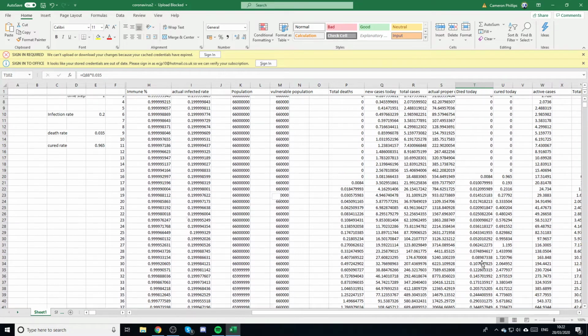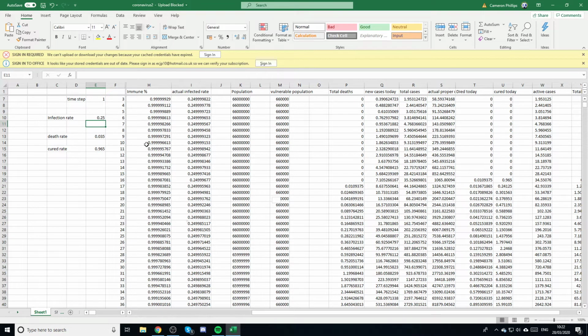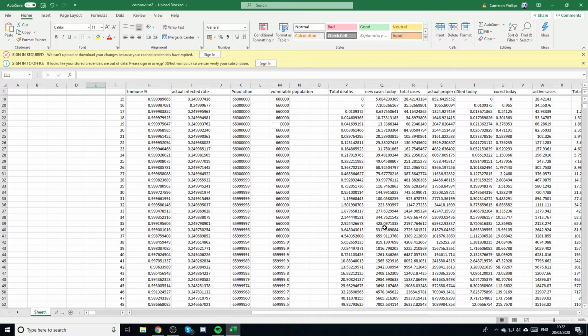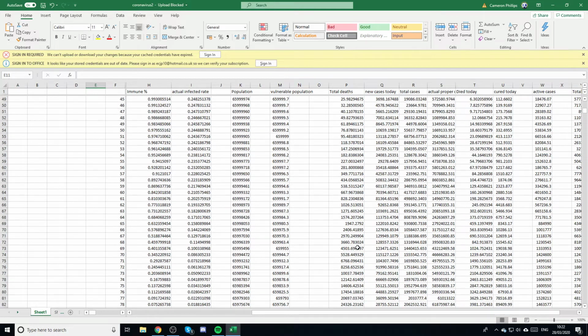And where are we now? We are. Total deaths 700 and about day 64 according to this model.